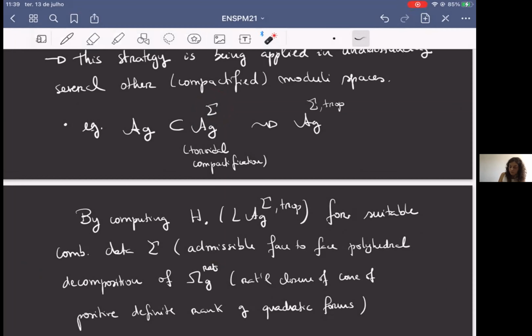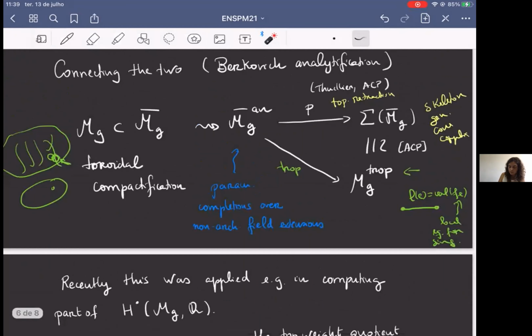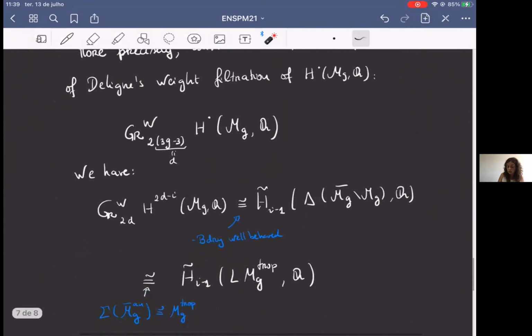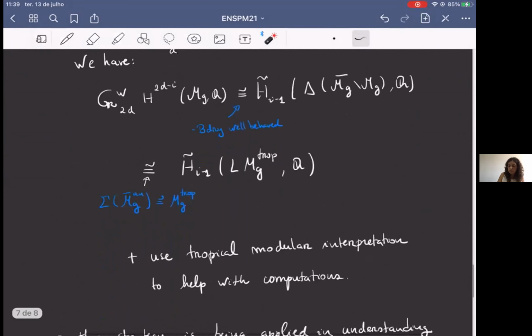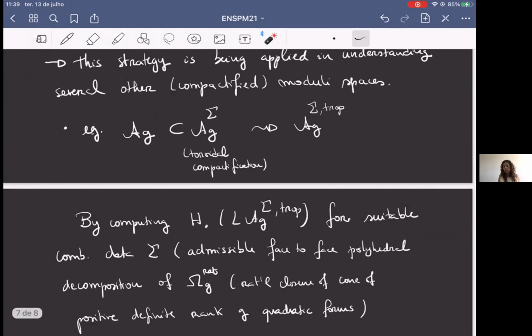However, since this map is intrinsic and this space parameterizes all of your compactifications, you can show that the topology of the links of different compactifications will be the same. So you can choose your favorite compactification, even though it's technical and does not have very good regularity properties, and compute the homology of the link in a way that will again give you information about the homology of AG itself.